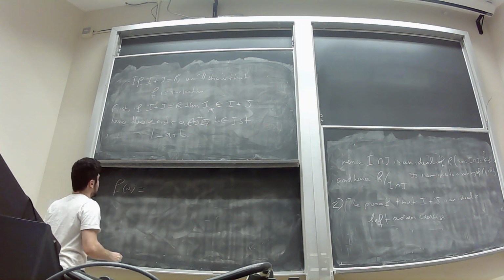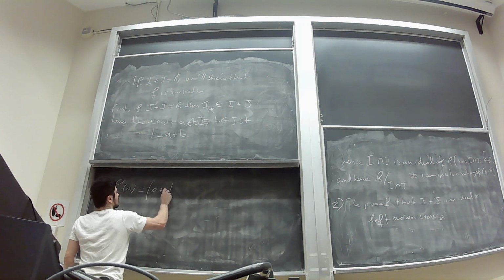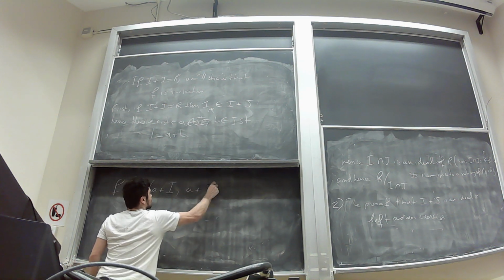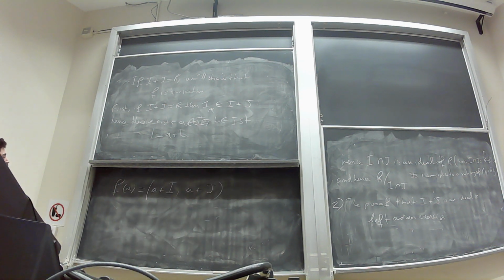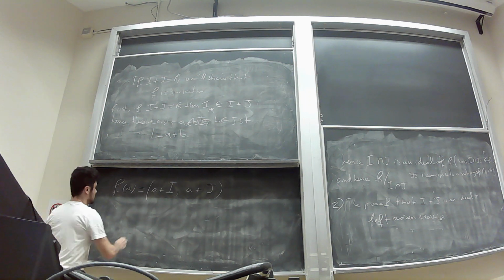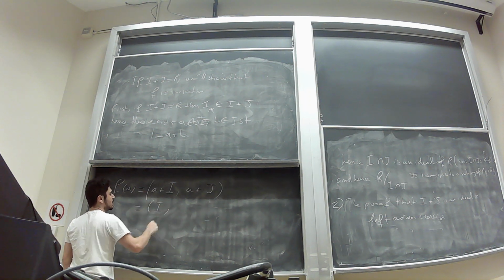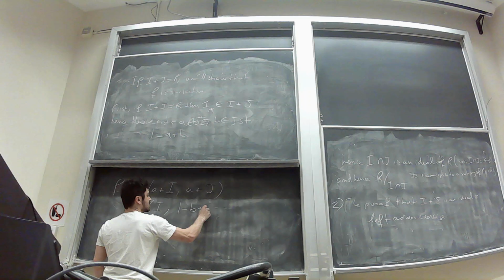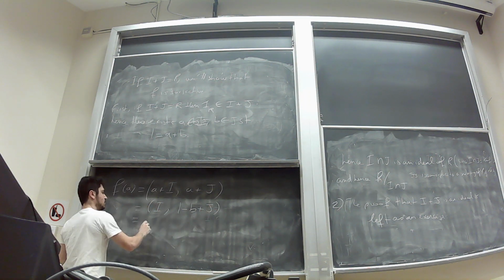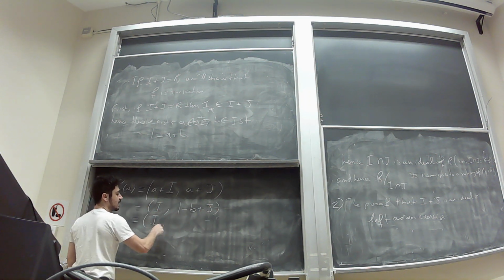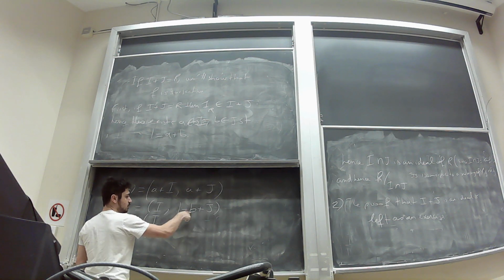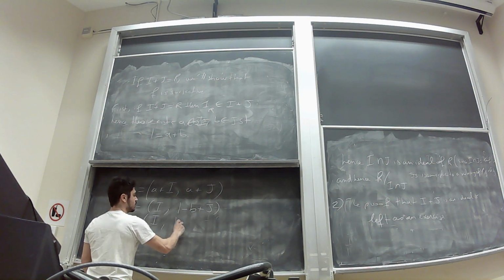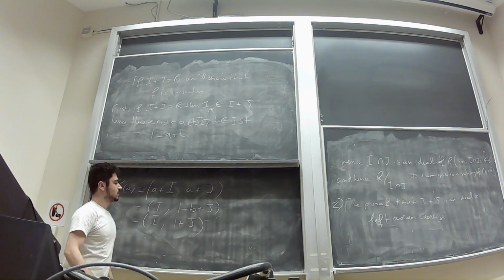F of a is just a plus I and a plus J. Now a belongs to I, so a plus I is I. Now what is a plus J? a is equal to 1 minus b, so this is 1 minus b plus J. b belongs to J, so this is 1 plus J. Right?